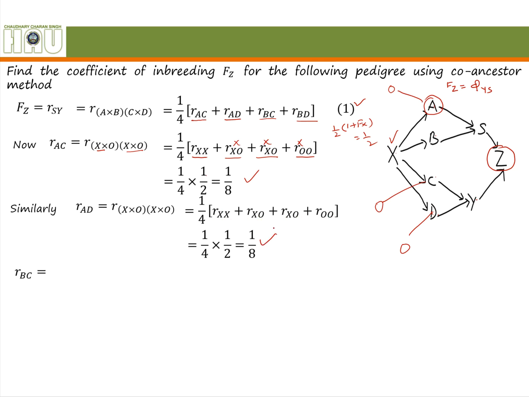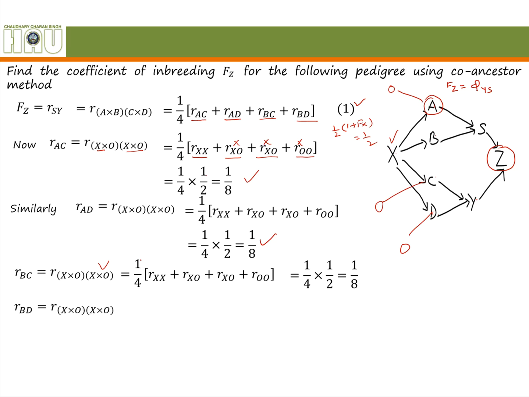Similarly, RBC can also be written like that, and its value comes out to be 1 by 8. And in exactly a similar manner, RBD is also 1 by 8.